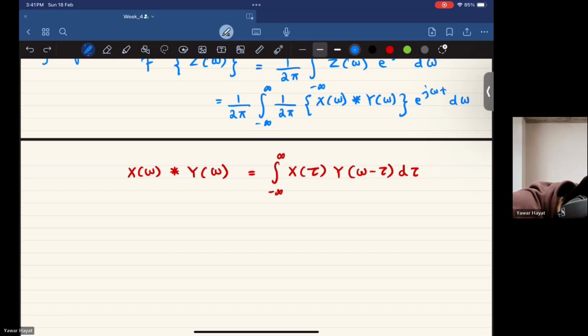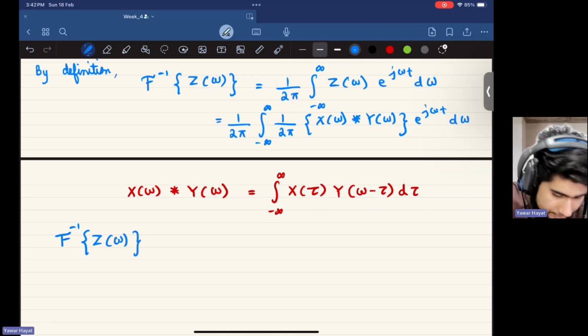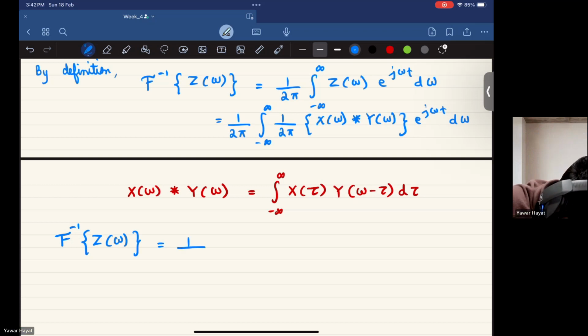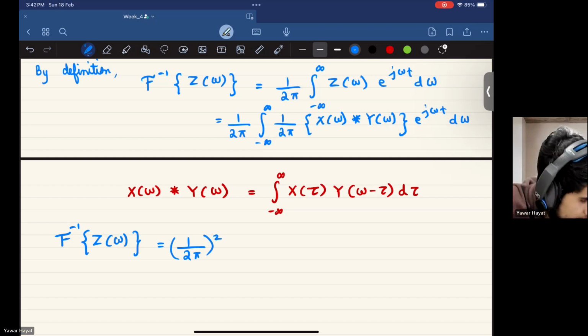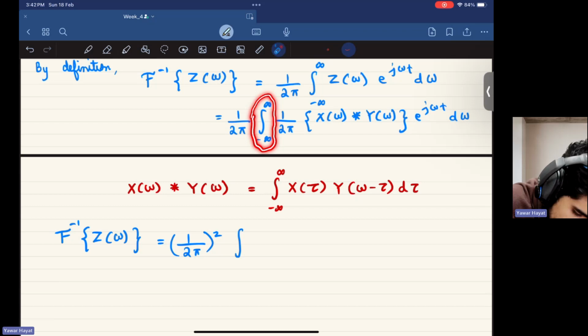The inverse Fourier transform of Z of omega would be 1 over 2 pi squared. I have these two integrals now. This is one integral and this is the other integral.